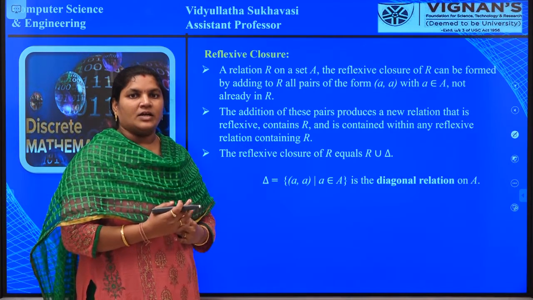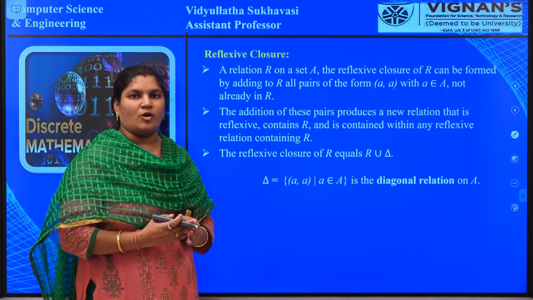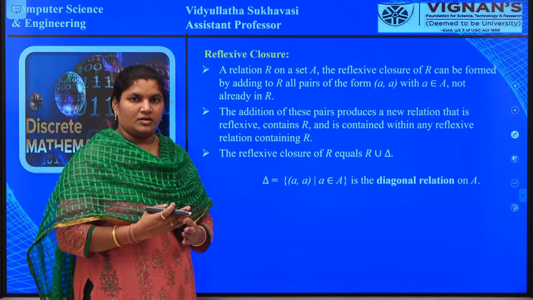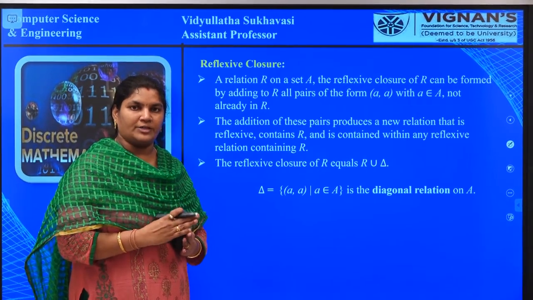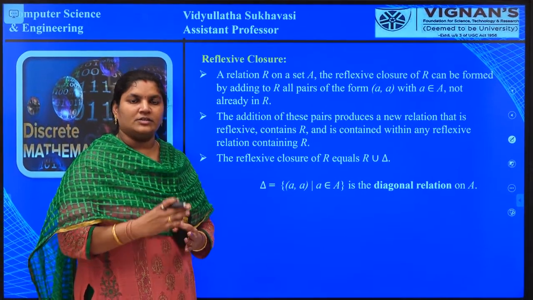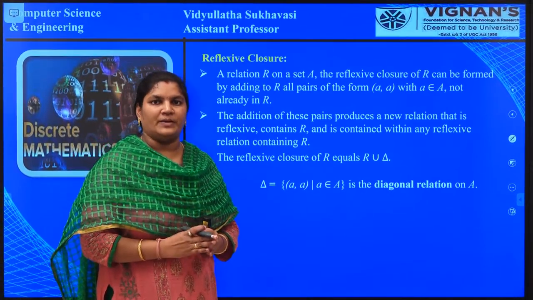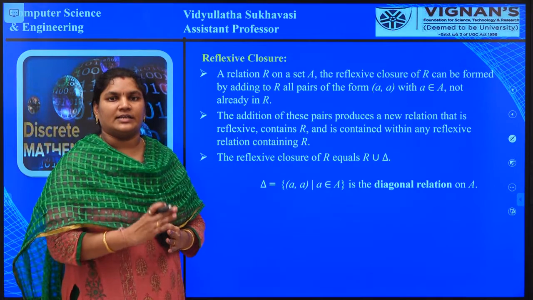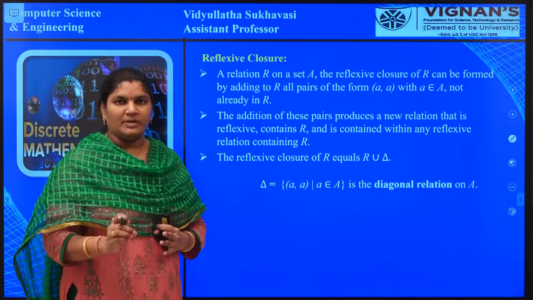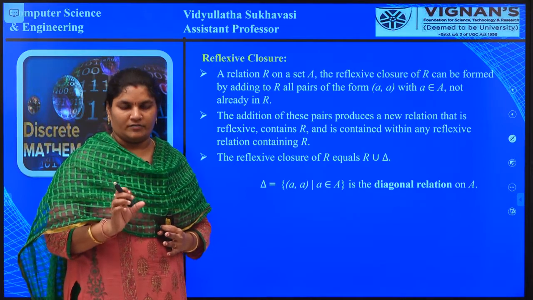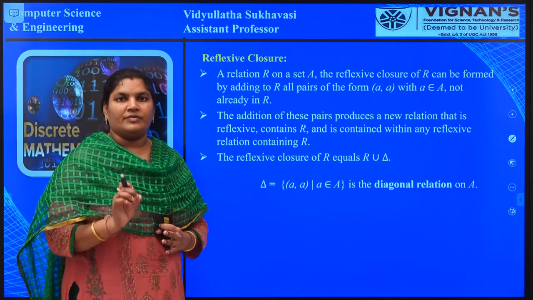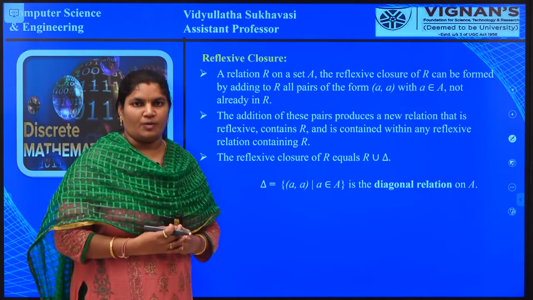The ordered pair should be of the form (a, a), that is, both elements in the ordered pair should be the same, and those ordered pairs should belong to the given set A. For all the elements we have in set A, we should satisfy the reflexive property.